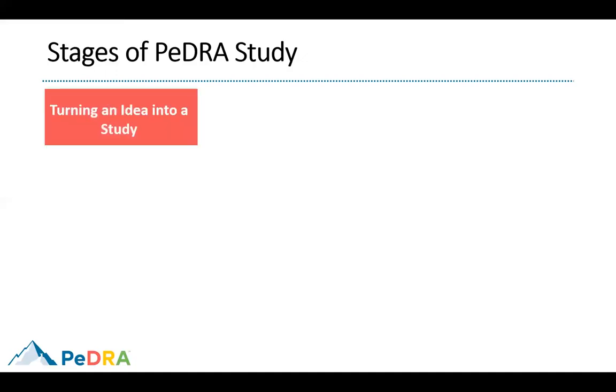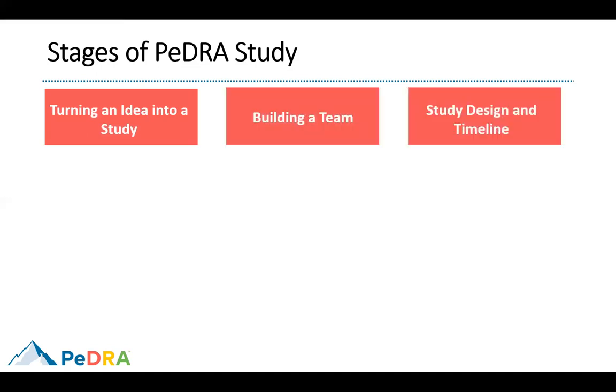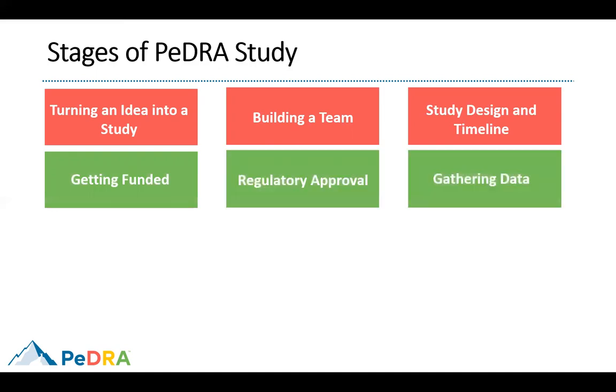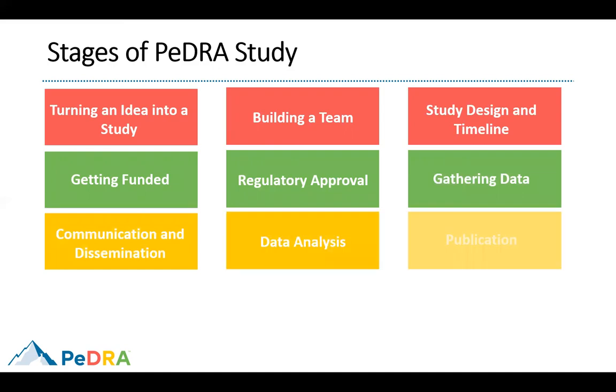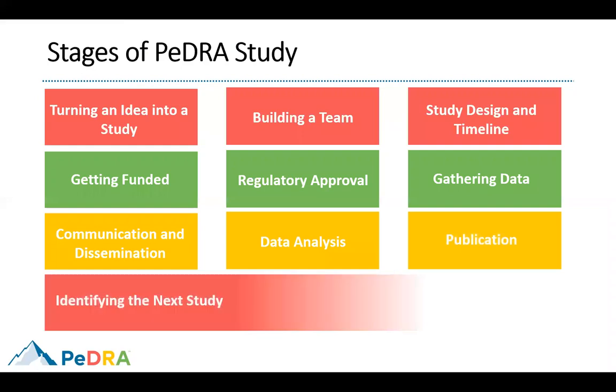Those stages being turning an idea into a study, getting it off the ground, building a team to execute a study, putting in place a study design and timeline, getting funding for a study, getting regulatory approval for a study, gathering data, communication and dissemination, data analysis, publication, and then transitioning from one study to the next, whether that be a direct continuation of the study you're completing based upon observations, conclusions, acquired skills, whatever the case may be, or going back to the drawing board and starting fresh for the next great research study that you want to work on.